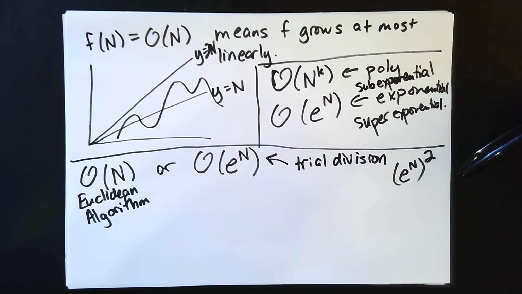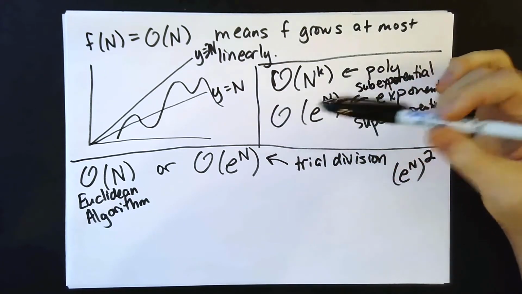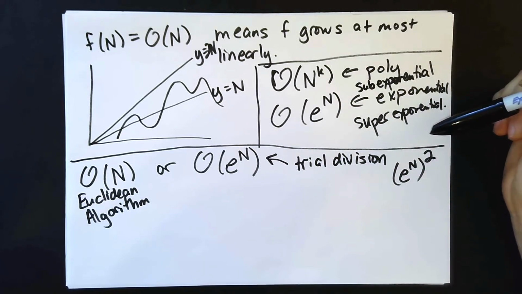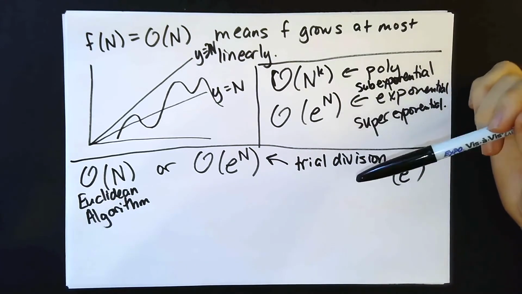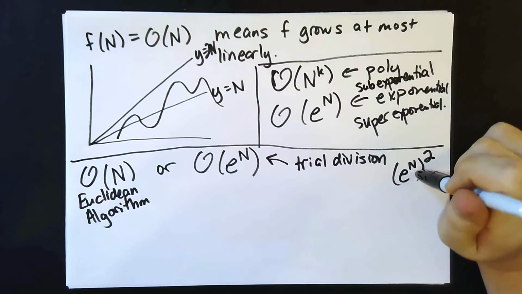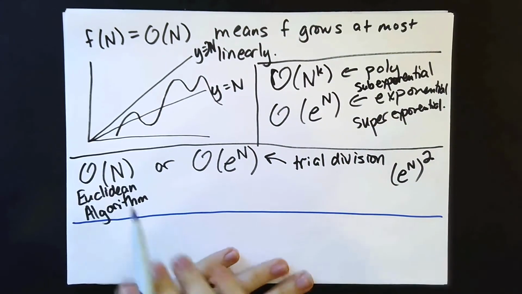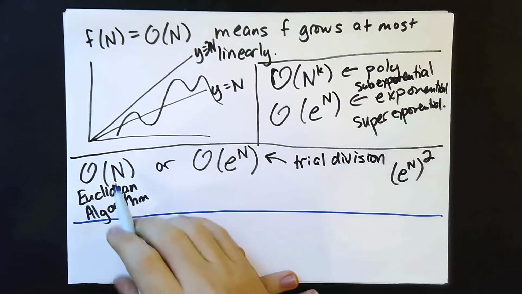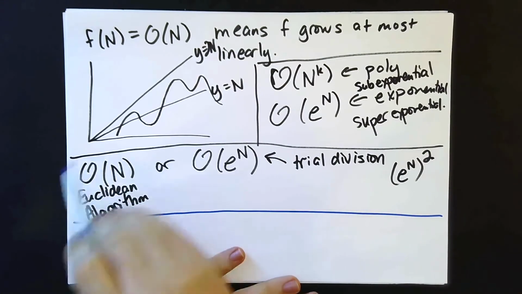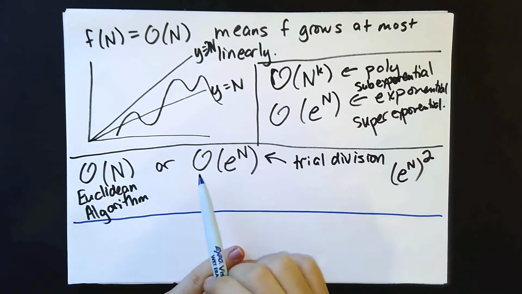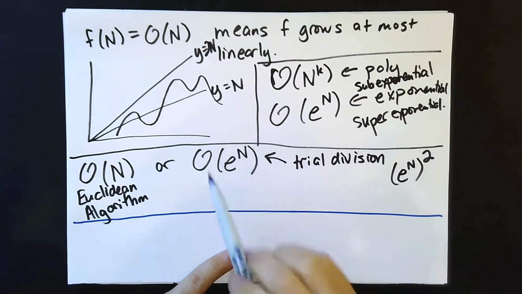Every time you double the size of the input for an algorithm that's O of e to the n, you increase the running time by an astronomical amount. By and large, we're going to view algorithms we talk about as living somewhere on a spectrum between the very fast end being O of n, and the very slow end being O of e to the n.